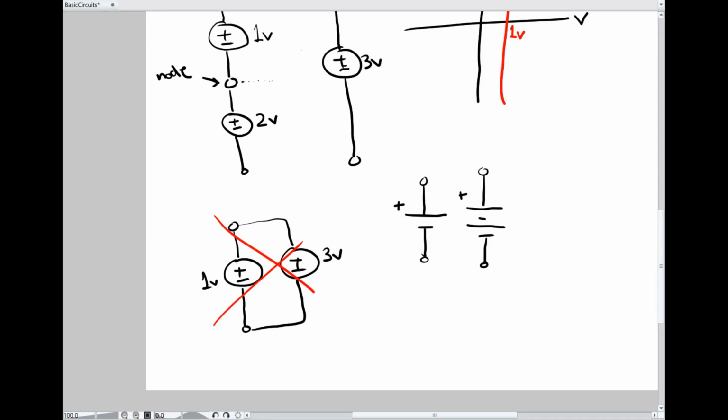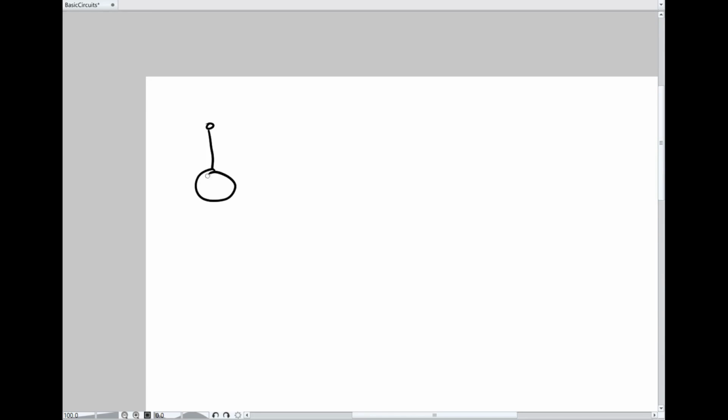Okay, now on to independent current sources. An independent current source, we draw like so, and we specify a current. An independent current source defines that the current going through it is always what I specify on the source.